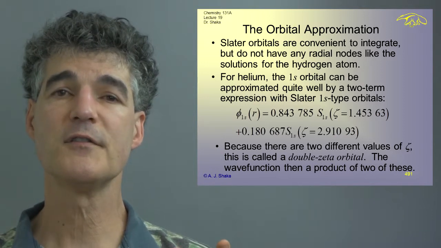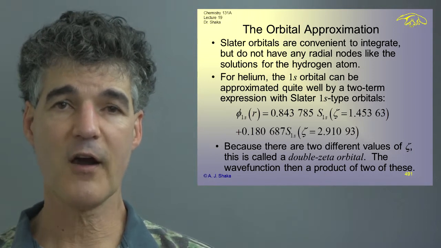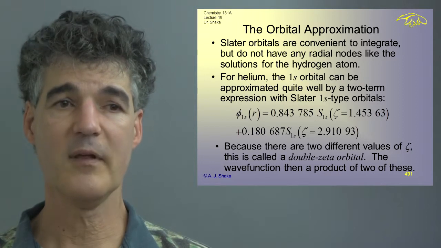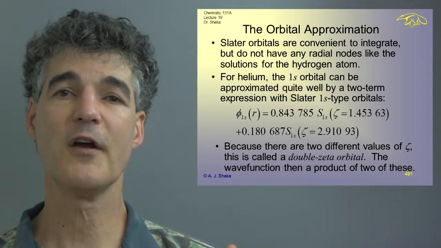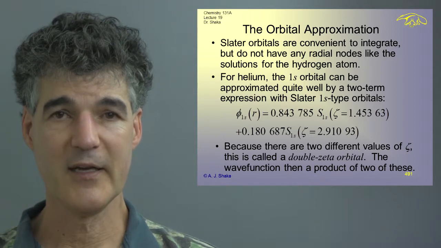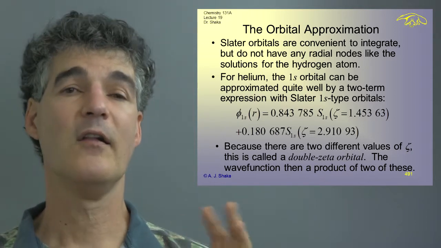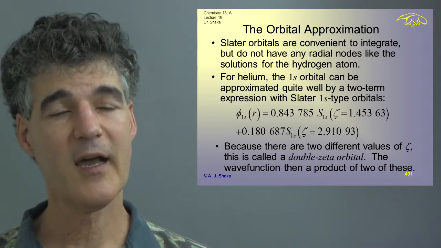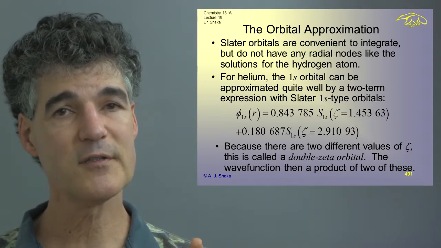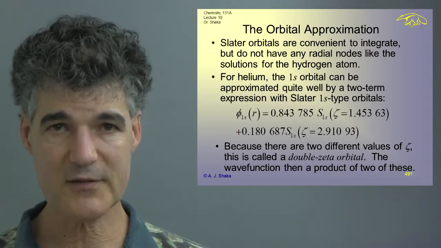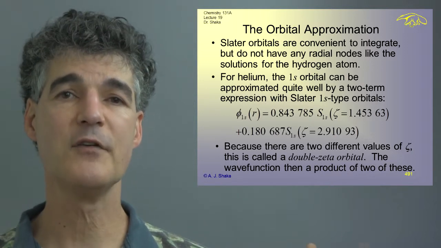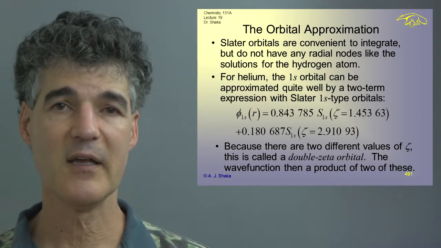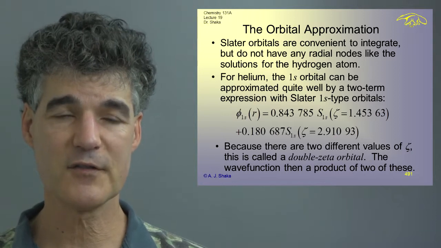Because there are two different values of zeta, in the jargon this is called a double zeta orbital. And there are all kinds of jargony terms in quantum chemistry, depending on a lot of things: what kind of potential terms you included, how many interacting particles you allowed in your equations, how big a basis set you chose, and what kind of functions you allowed to be admitted as candidates to get the energy, and so forth.